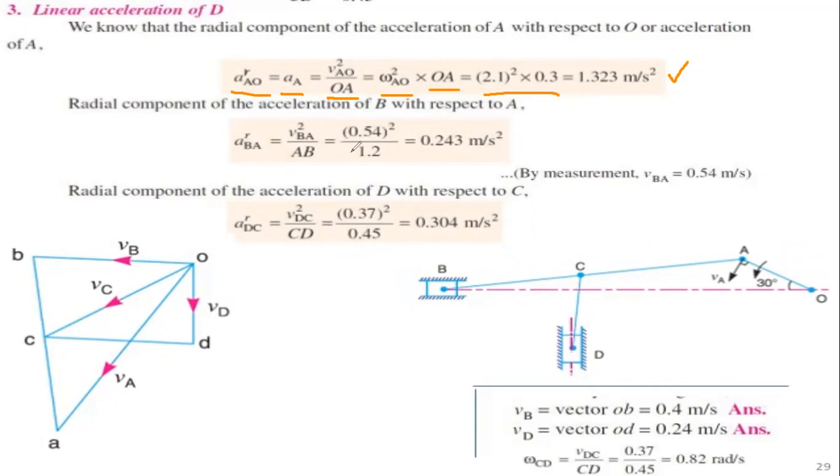That is velocity of BA is taken as 0.4, which is also a defined value in the previous slides, divided by AB, that is 1200 mm. So by substituting we get the value 0.243 meters per second square, which is a different value for us.